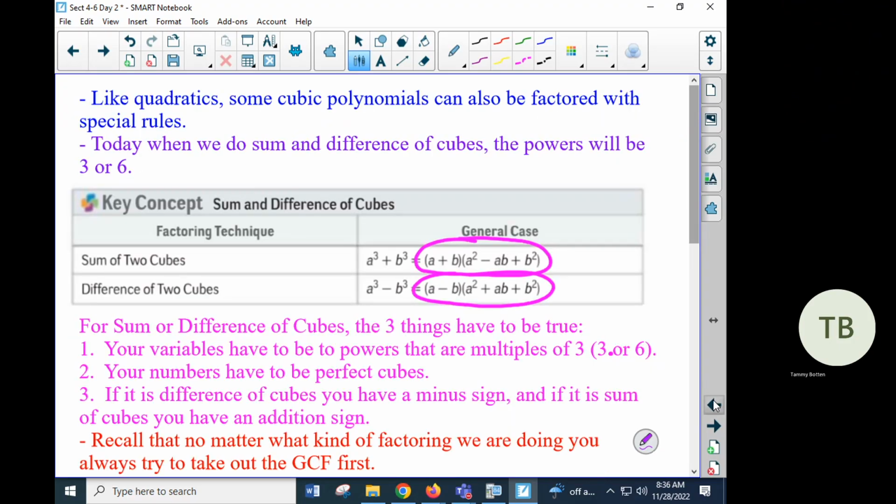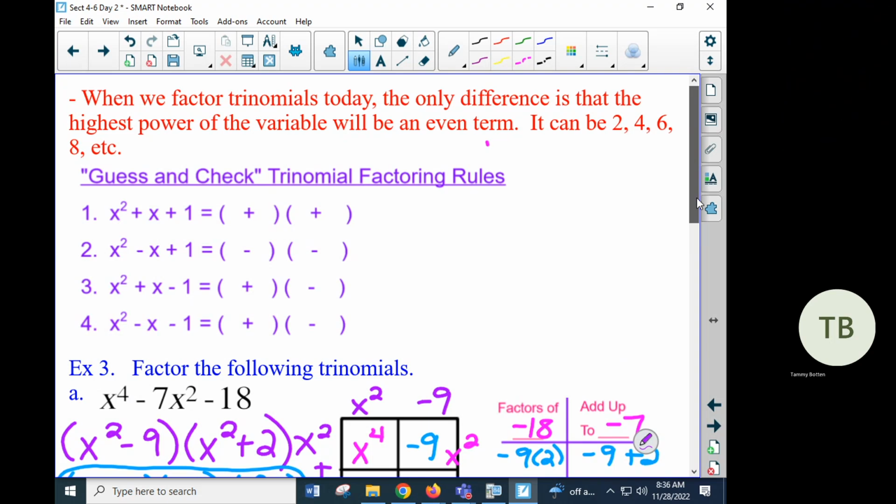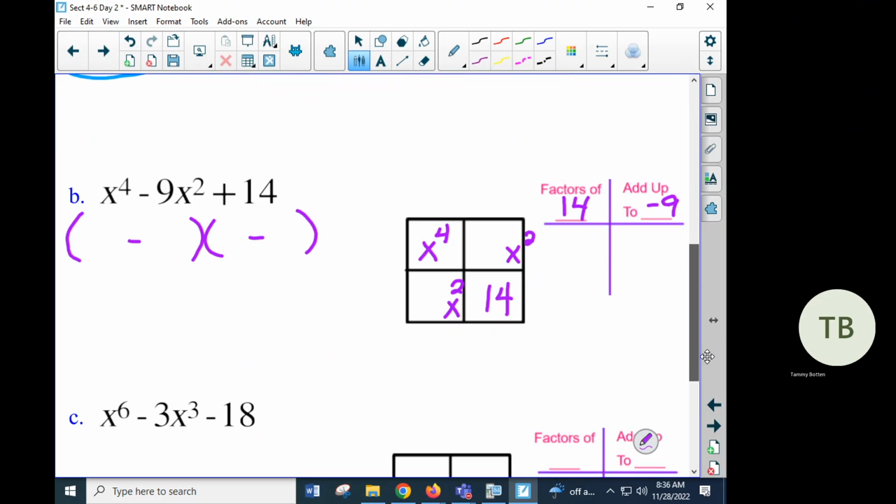Maybe this is on your cheat sheet, but if you ever have a minus sign here and a plus sign here, they're both going to be negative. And so when you look down here to get this, you're going to think of what are two negative numbers that give me a positive 14 that add up to a negative 9.